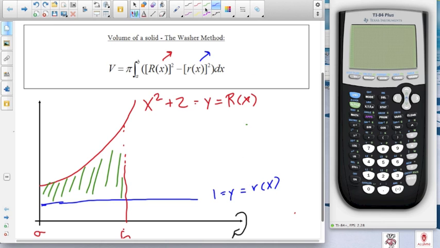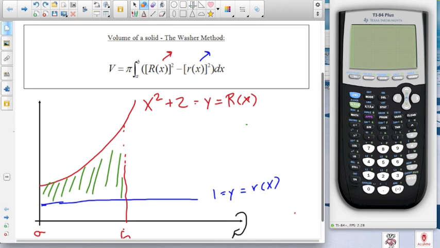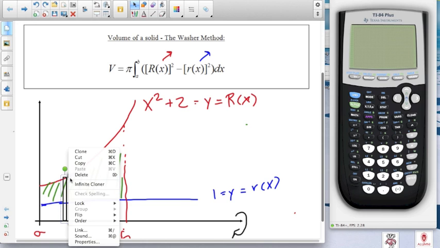So if we look at making our incremental rectangles, and if you think about how the disk method works, going back to the last lesson, if we just take a look at the upper function, that capital R, there is your disk for the capital R function.